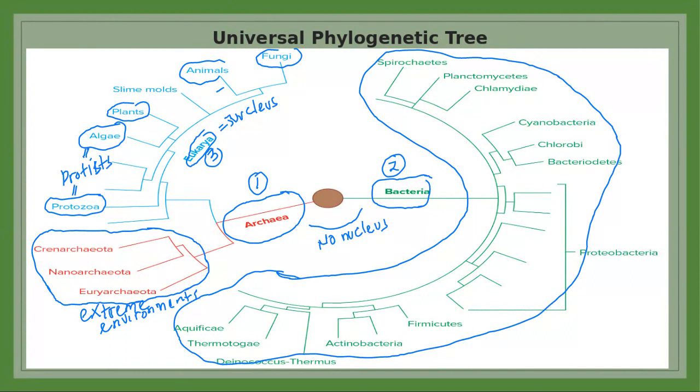Protozoa, algae, animals, or worms in chapter 23. And bacteria classification will be mostly in chapters 18, 19, 20, and 21. So we will learn this later. Right now it's just an introduction to this classification.